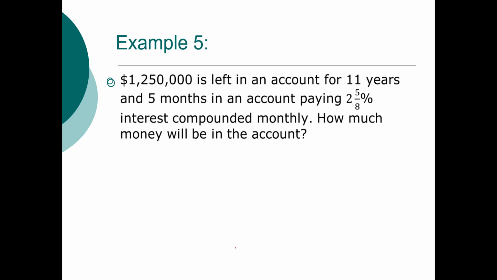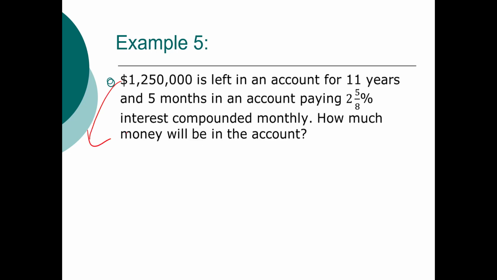Now, $1,250,000 is left in the account for 11 years and 5 months, in an account paying 2.58% interest compounded monthly. How much money will be in the account? So now we can figure this out. First of all, let's list all the given information here.